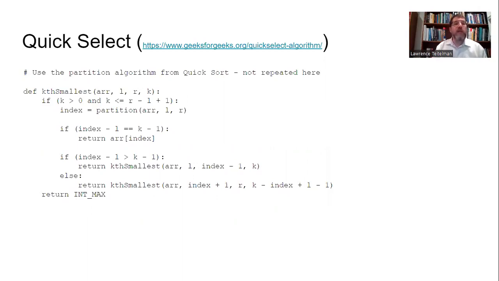Look at the name, look at the comments, look at the code. Quick sort. It should remind you of quicksort. That's why it's called quick select. That's why the comment says to use the partition algorithm from quicksort, because they overlap. All right, so take a look at the code here and tell me in what significant way is it different than quicksort?